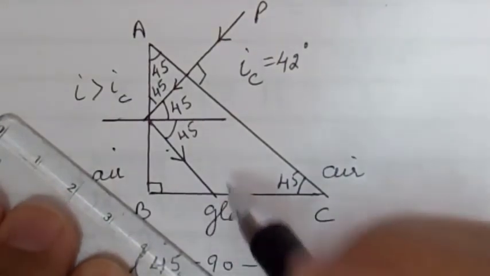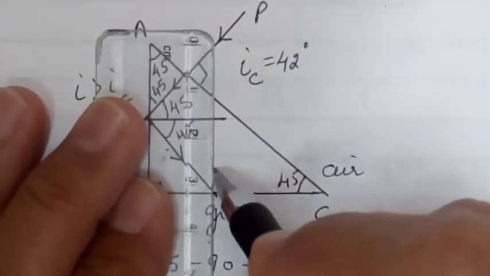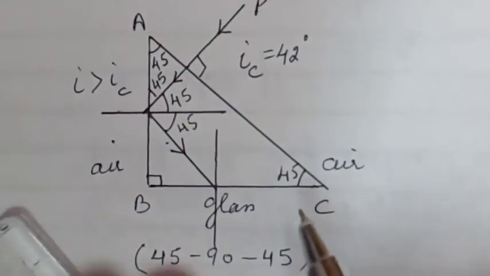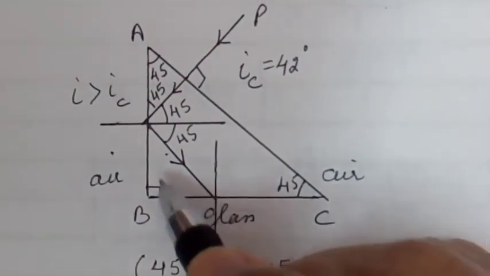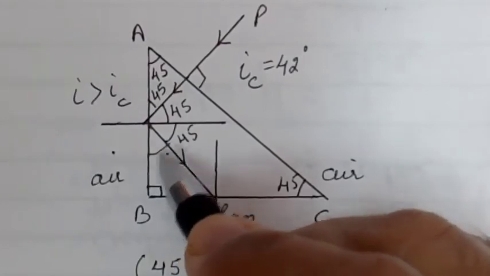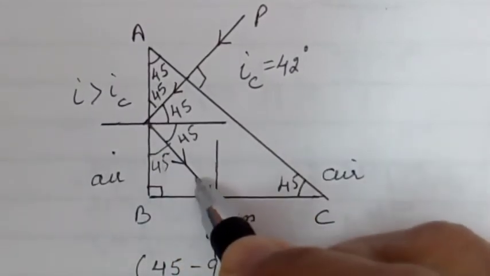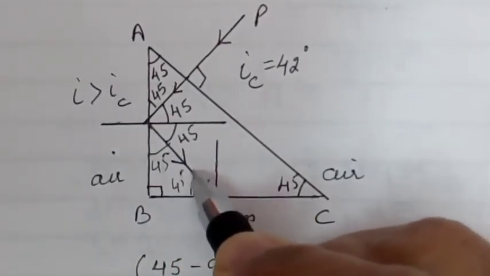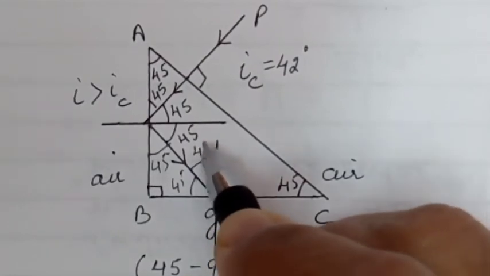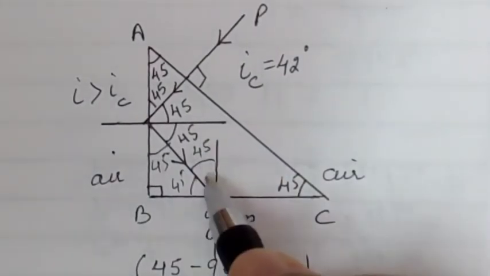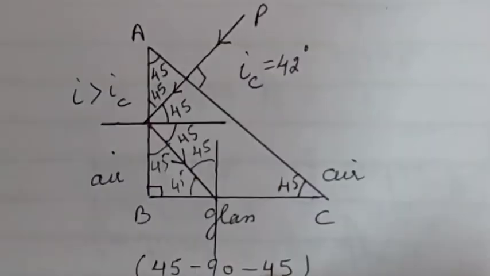Now after striking this part, glass over here, let's calculate here. We again calculate over here. This is 45. This angle also comes out to be 45. Again, it is more than the critical angle. Ray cannot go out.